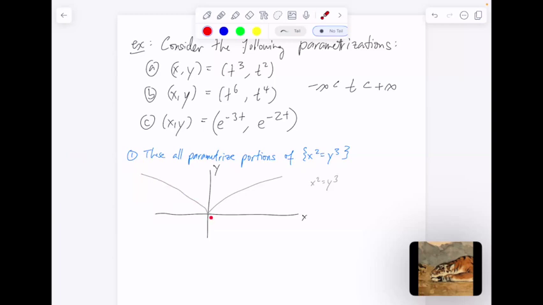You're coming back here. At t equals 0, you're at 0, 0. And then as t moves on to the positive reals, t cubed stays positive, so t cubed is x. So x stays positive, y grows like t squared. So you're going to be tracing from here all the way here, and then forwards again, right?